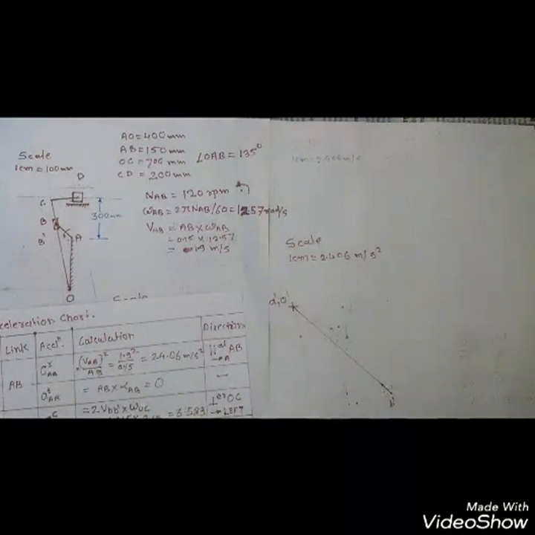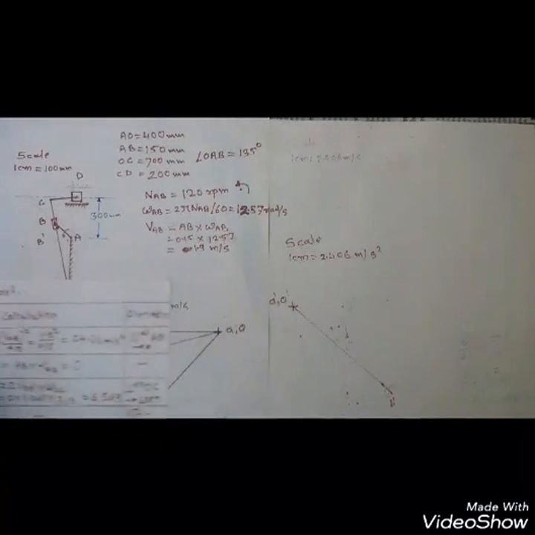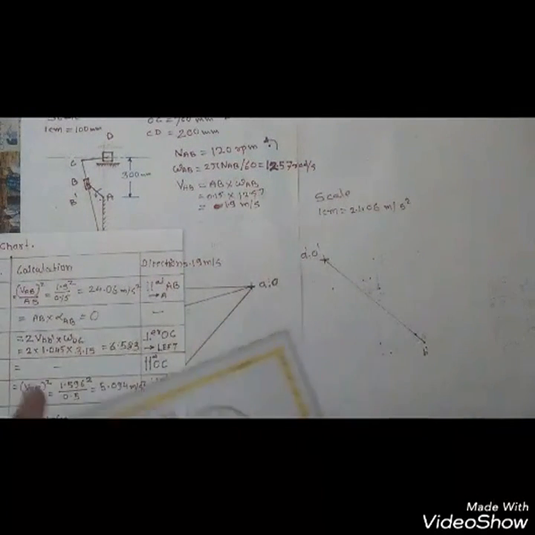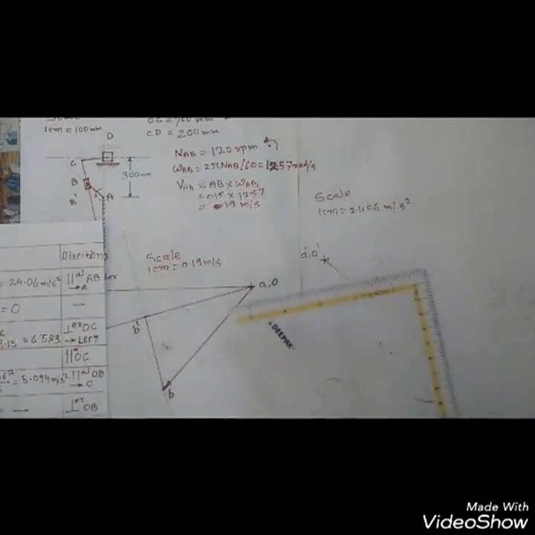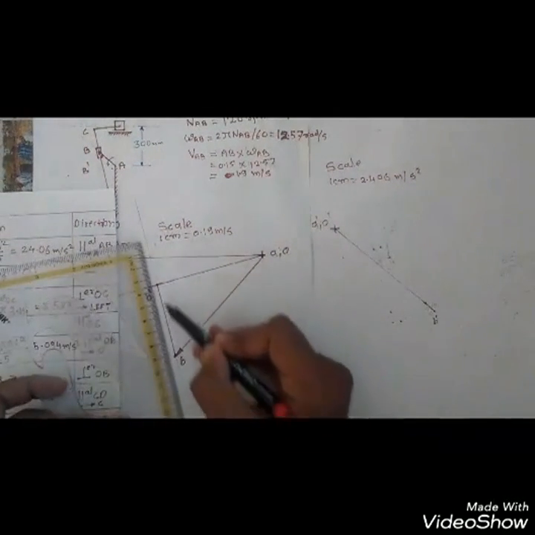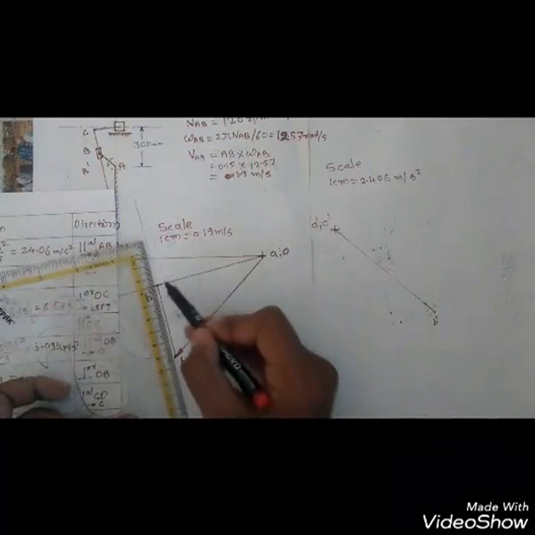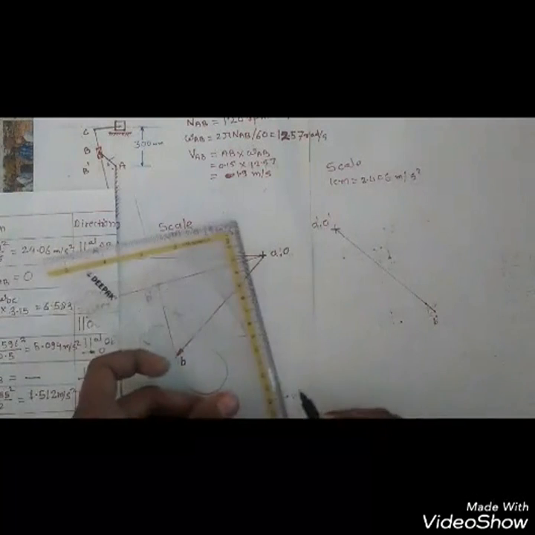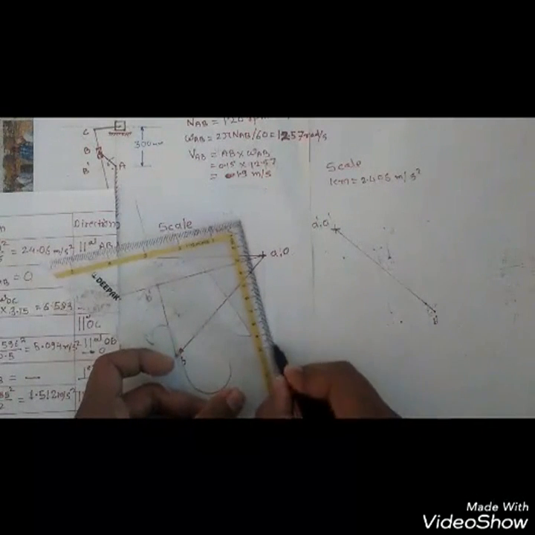So for the coriolis component and its direction, we just have to draw a vector near this diagram. From the velocity vector B dash, it is a sliding velocity for the slider B. We have to draw a vector parallel to this B dash near to this, like this.